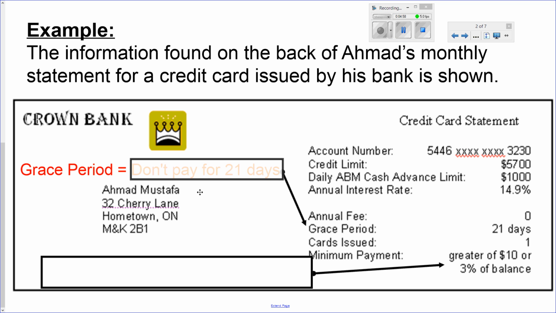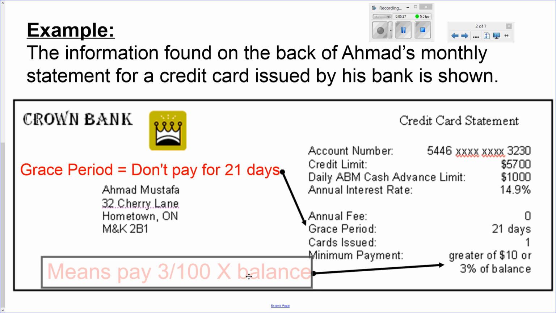Basically, all it means is that you don't have to pay interest for 21 days. So the moment you make a charge on that credit card, you have 21 days before you actually get charged.